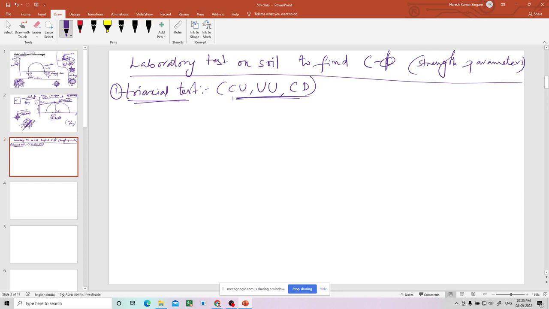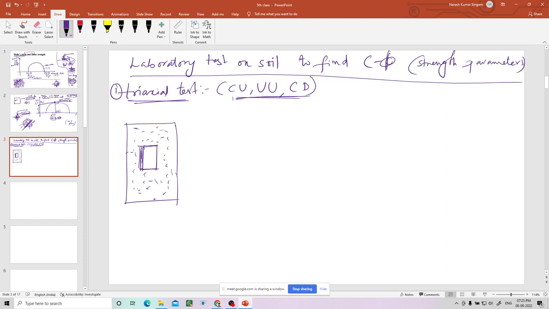Just to give you a brief, there is a triaxial test setup like this, taking a soil sample which is in cylinder shape. This is enclosed in a circular cylinder chamber, which is completely filled with water.